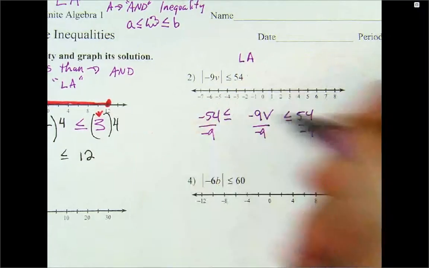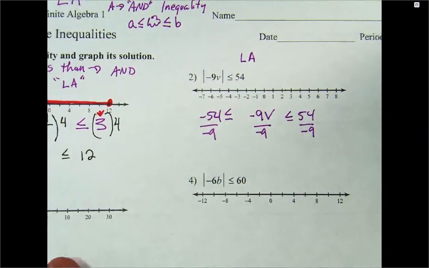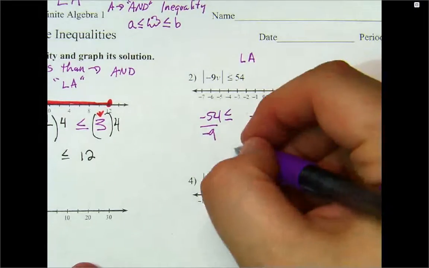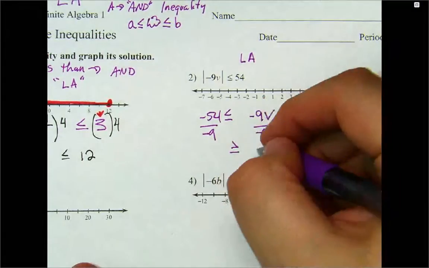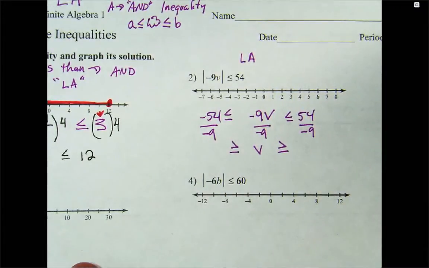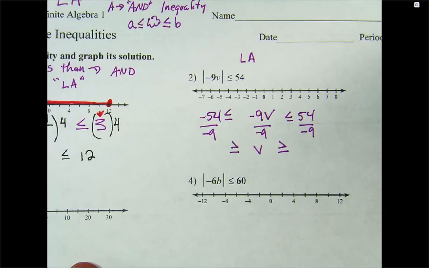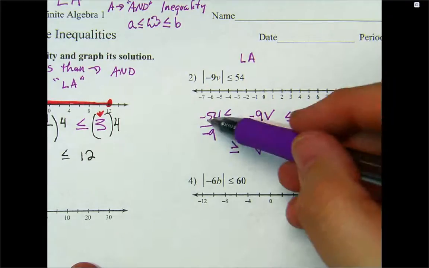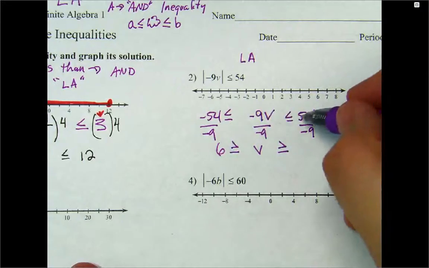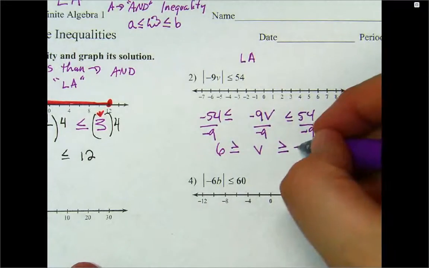But I want v, don't I? Divide by negative 9. What happens to the inequalities? They switch. This becomes greater than or equal to, and that becomes greater than or equal to. So what's negative 54 divided by 9? Negative 6. What's 54 divided by negative 9? Negative 6.